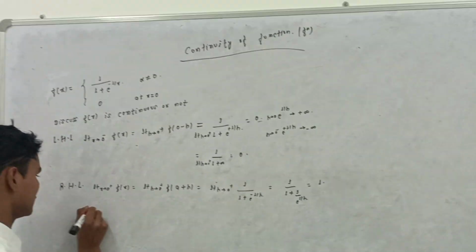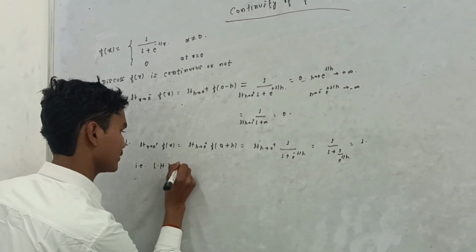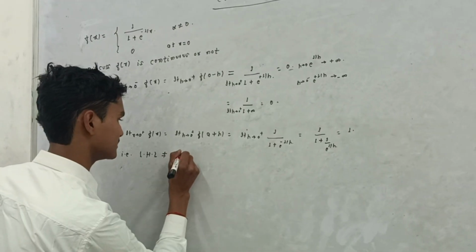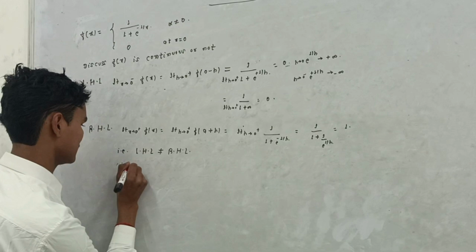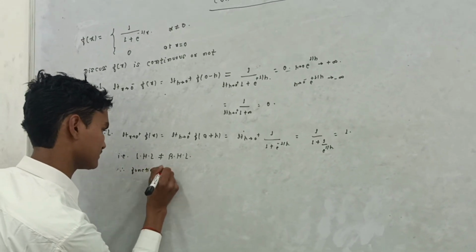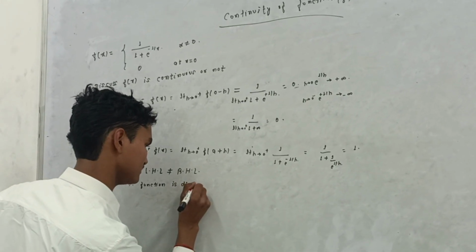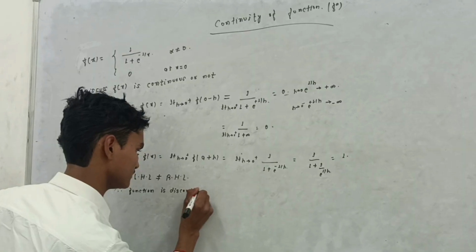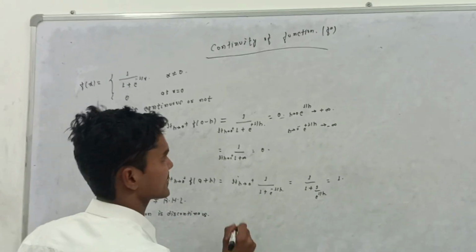That is, left hand limit is not equal to right hand limit. Hence the function is discontinuous.